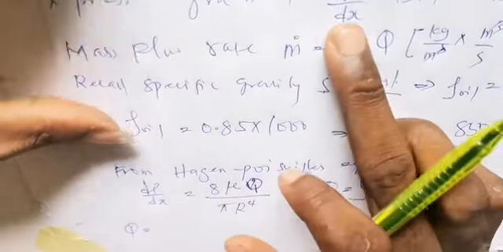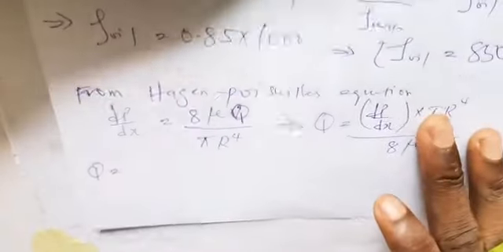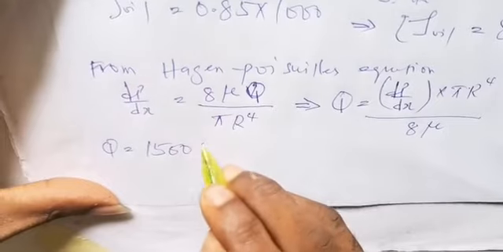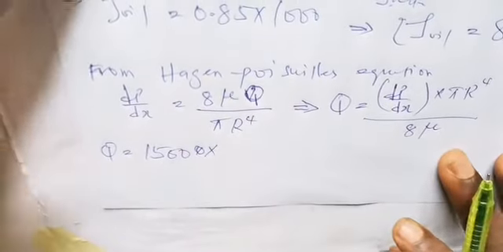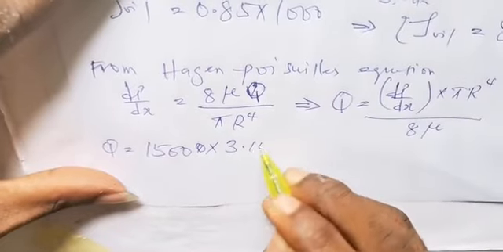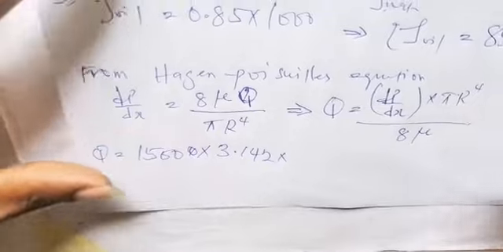and from the question, the pressure gradient was given to us as 15,000 pascal per meter. So this becomes 15,000 multiplied by pi, which is 3.142, multiplied by radius to the power of 4.